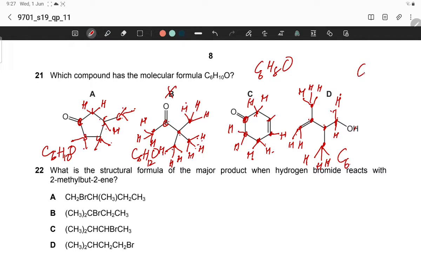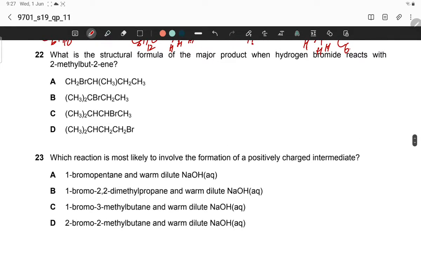So this is C6H11O. So this is also wrong. So option A is correct, which has the C6H10O formula.